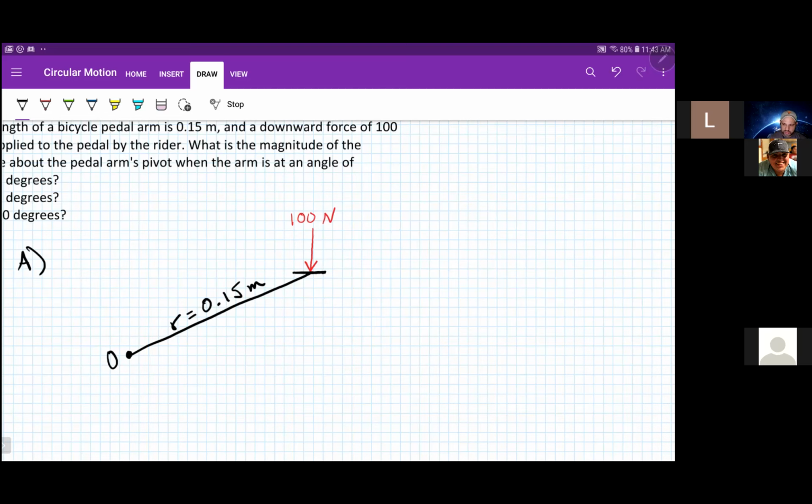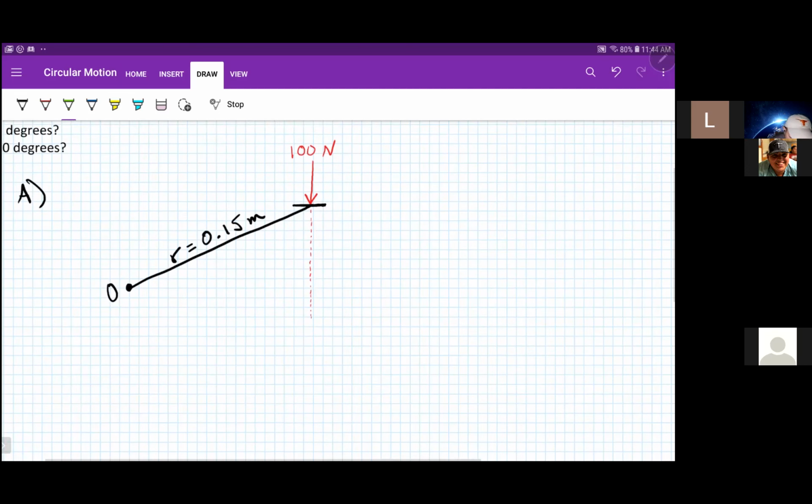So the other option that I have, instead of using tau equals R times F, I can use tau equals length times the force. So I can extend the line of action out from my force, and I can figure out L based on geometry here.